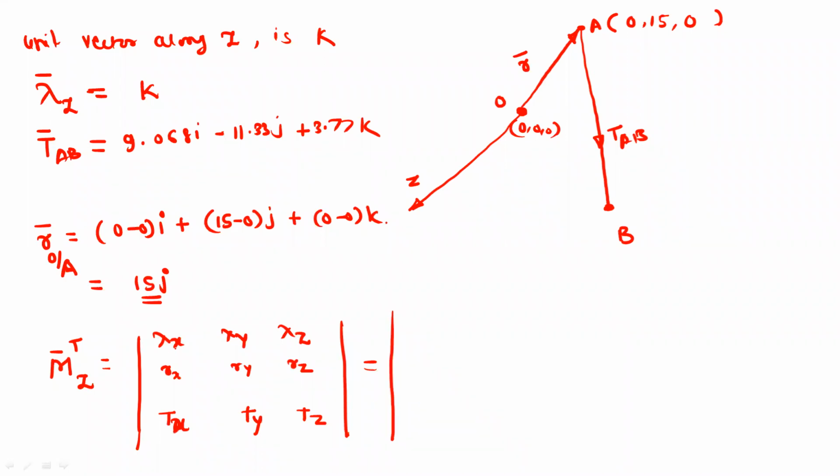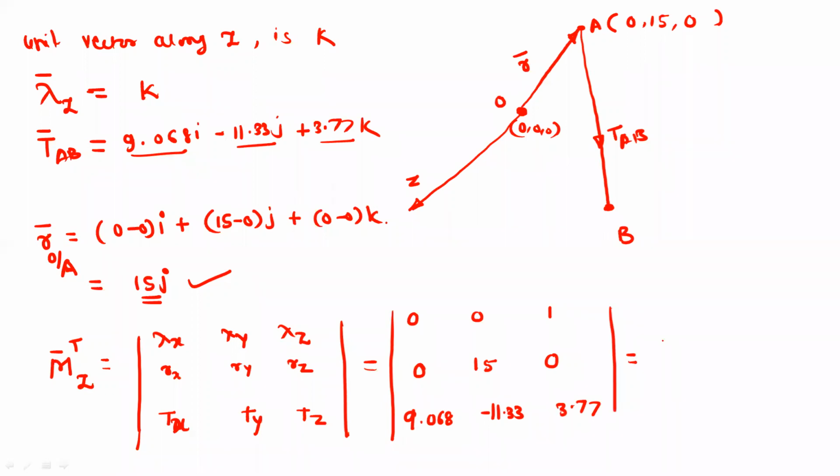Lambda x and lambda y are both 0, and lambda z is 1. Rx is 0, Ry is 15 and Rz is 0. For the tension, Tx is 9.068, Ty is minus 11.33 and Tz is 3.77. So solve this determinant.